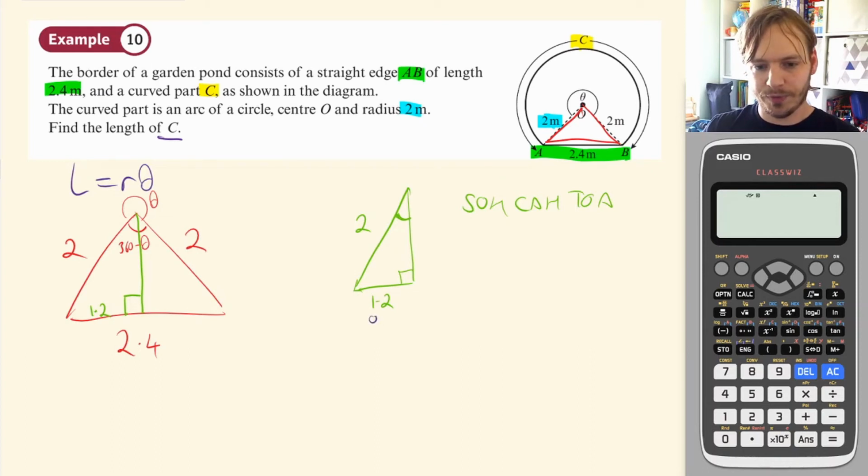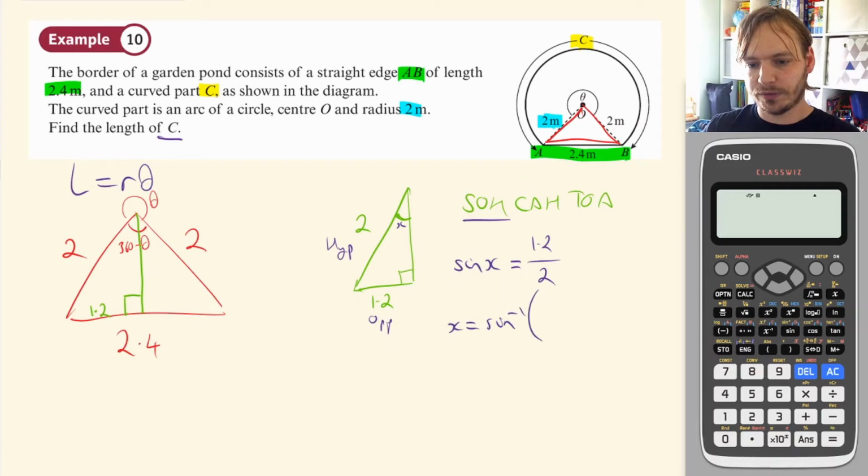I have the opposite and the hypotenuse, so I want to use SOH. So I now know that sine of my angle x is equal to 1.2 divided by 2, or rather x is the inverse sine of 1.2 divided by 2. And then we're going to go to our calculator and we can do this really quickly.